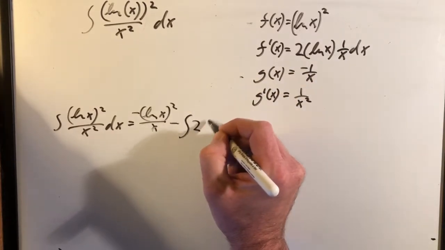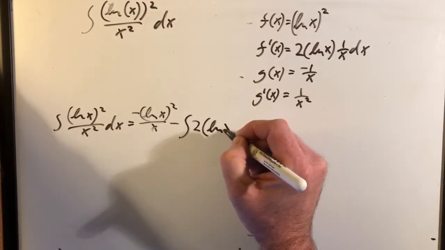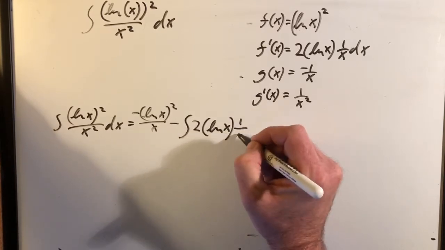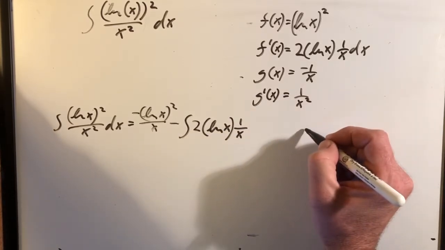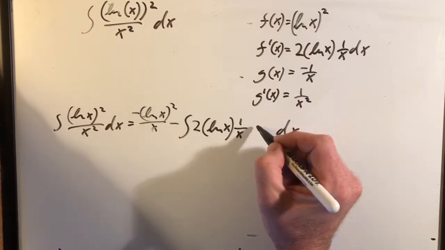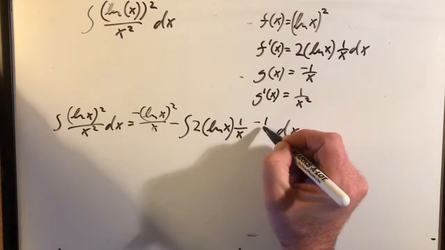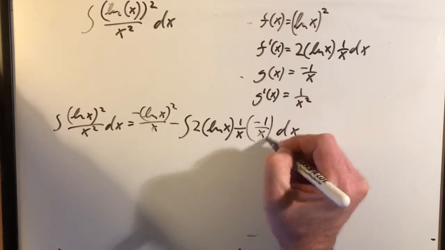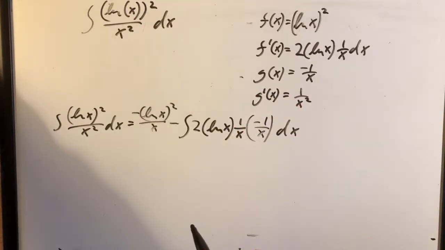So it's going to be 2 ln x times 1 over x. I'm going to leave a little bit of space for my dx over here, and then I need to grab this g of x here. So negative 1 over x is my g of x.